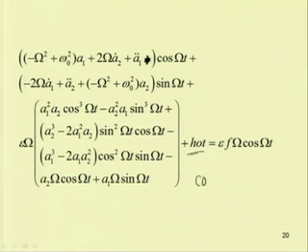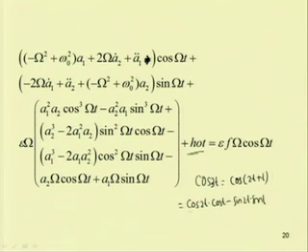We know cos 3t equals cos of 2t plus t, so we can expand this in this form. Cos a plus b equals cos a cos b minus sin a sin b. So, this will be equal to cos 2t into cos t minus sin 2t into sin t.